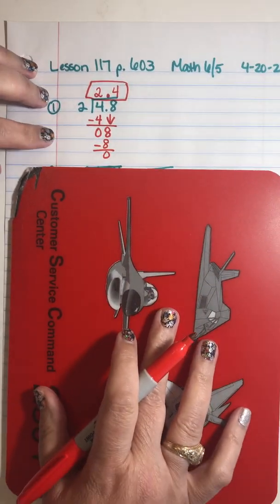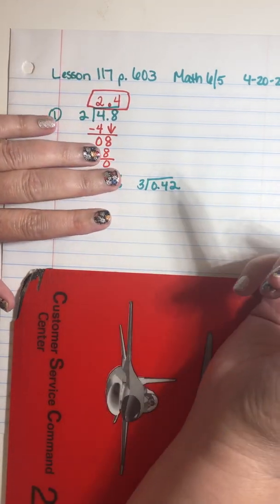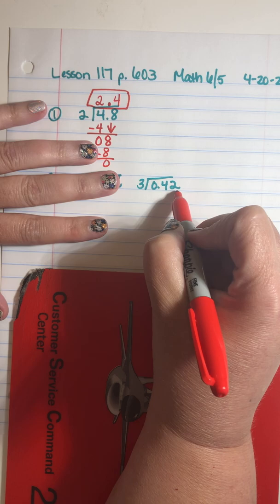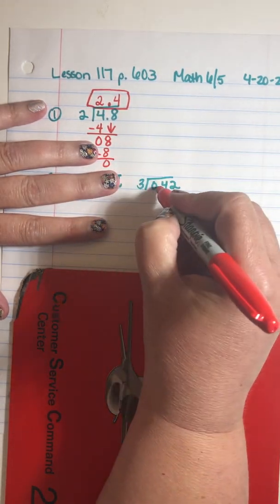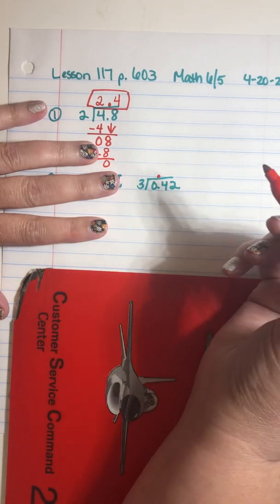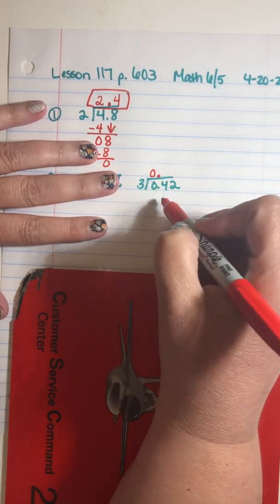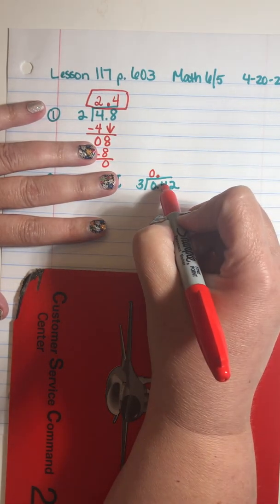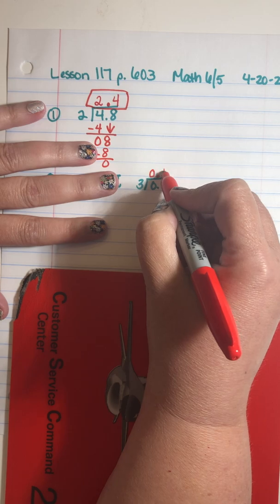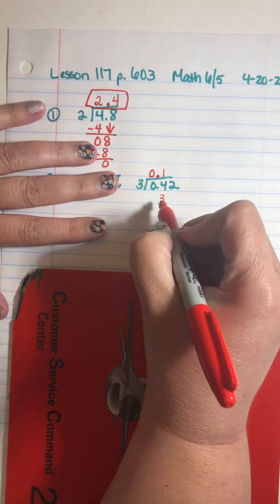Okay, let's look at another. We have 42 hundredths divided by 3. Bring the decimal straight up. I know I can go ahead and put a 0 in, because I'm going to divide it into 4 to start with. 4 divided by 3, 1 time. 1 times 3 is 3.